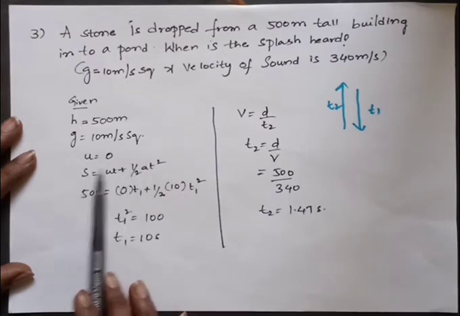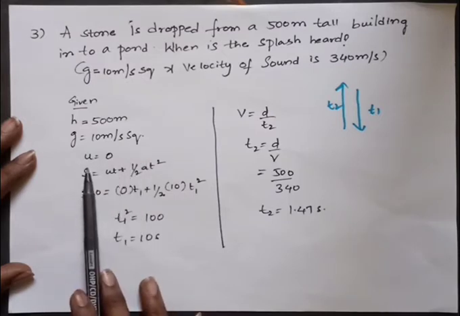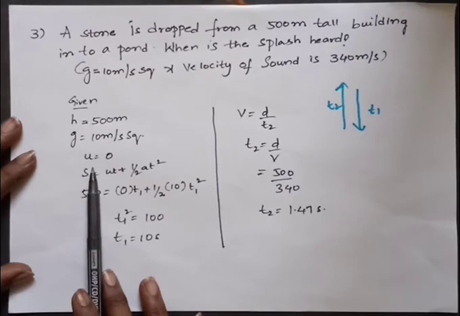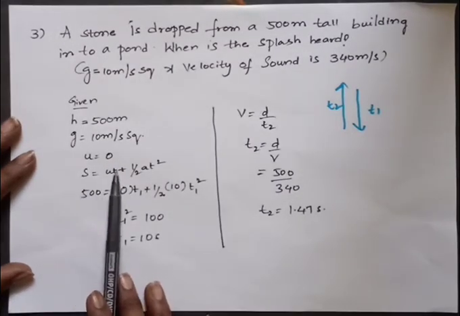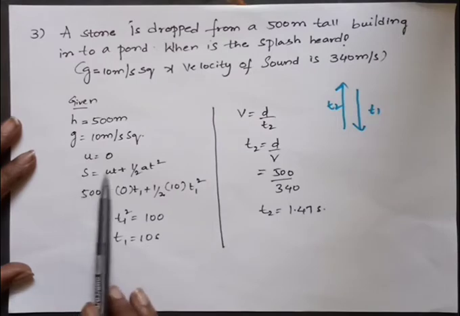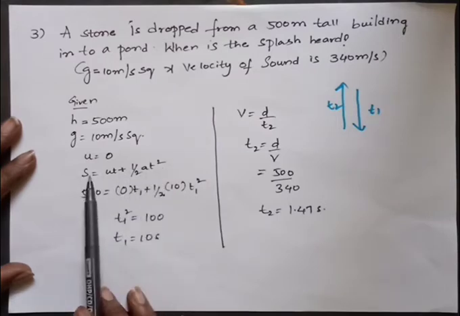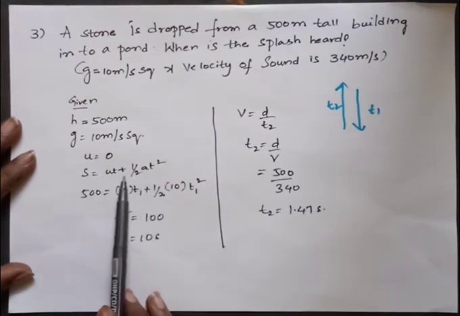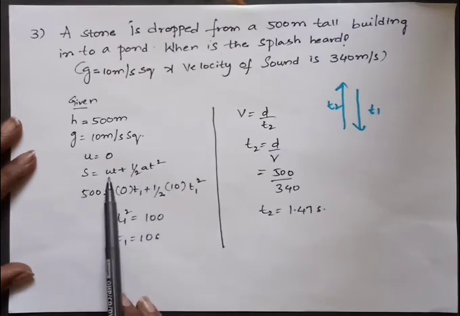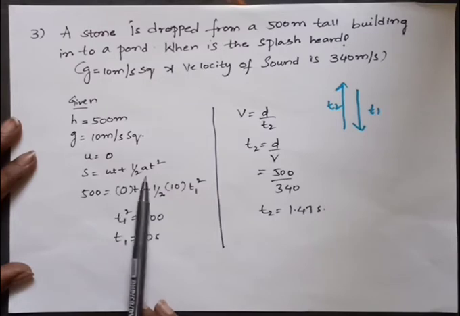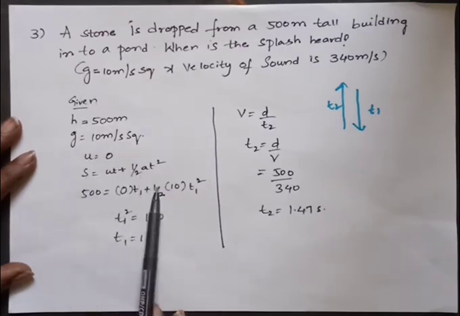u = 0, where u is the initial velocity. When the stone is dropped, initially it doesn't have any velocity, so it is 0. This is one of the equations of motion, s = ut + ½at². s is the distance, u is the initial velocity which is 0, t is the time, and a is the acceleration due to gravity, which is g.